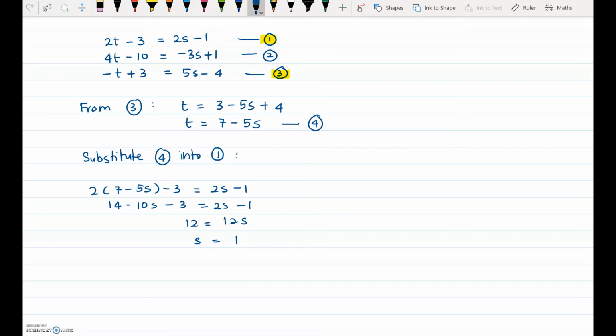Okay, so this is your s. So when your s equals to 1, now you will get your t equals to 7 minus 5 times 1, which means your t is 2.